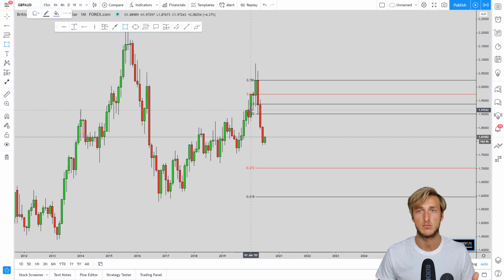And since they are both structure levels, the market has very good probabilities to go and retest the levels to find the strong orders and liquidity that is inside of the zones. So in this case, this area here is definitely a good zone that the market is supposed to go and test, since we have the confluence of the resistance given by the supply zone and the 0.382 Fibonacci retracement.